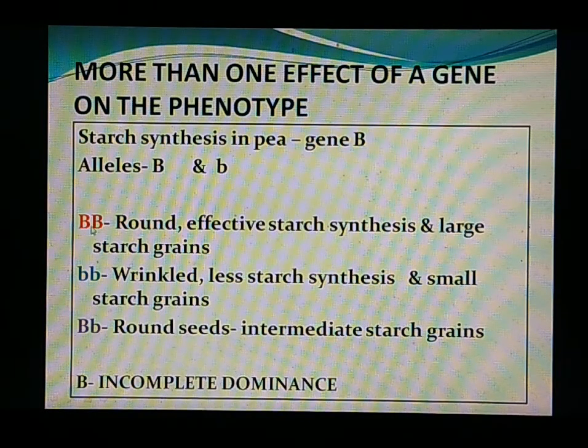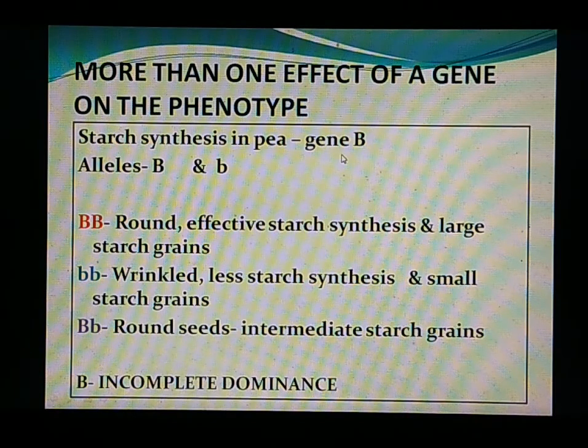If it is homozygous capital B, the peas will be round, very effective in starch synthesis, and will produce large starch grains.